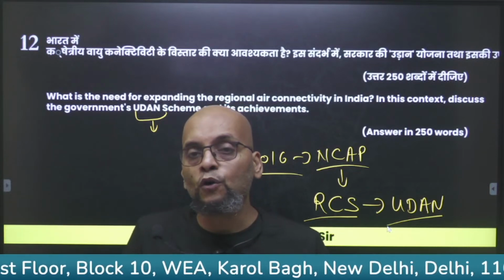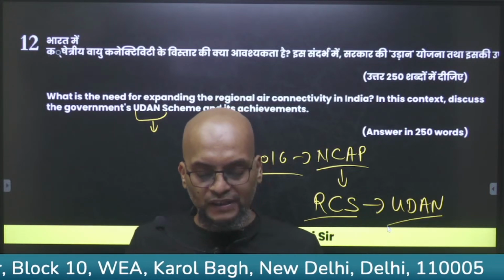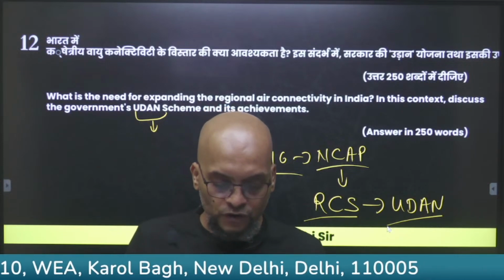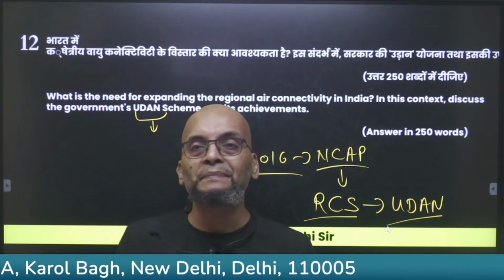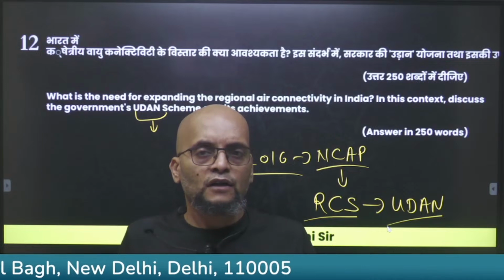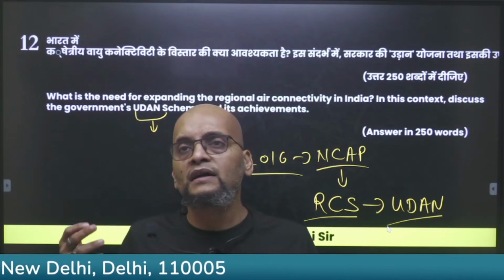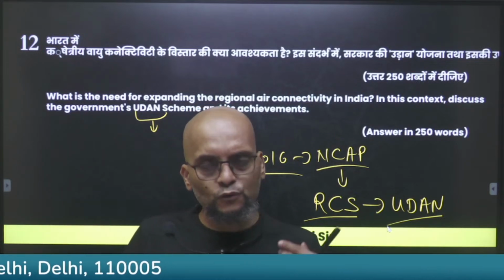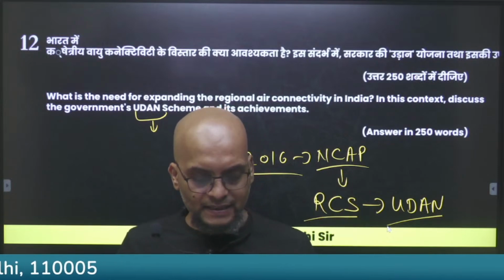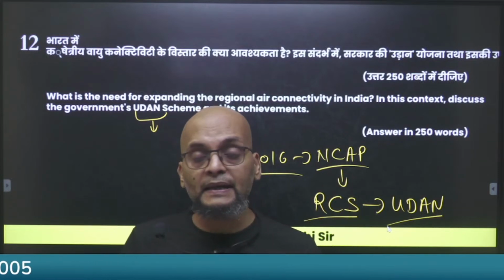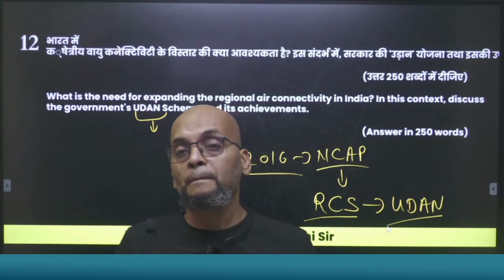Okay. And what has been done so far? More than 400 routes have been launched. Many of the routes, which were not giving any profit or which were unnecessary, have been discontinued. Those routes have been cancelled. Next, after the pandemic, Corona has had a major effect.